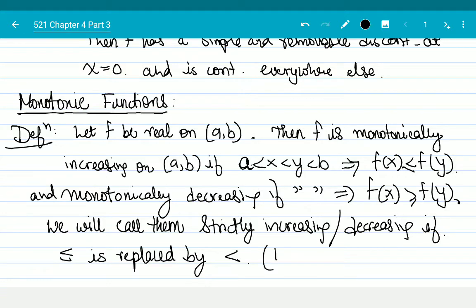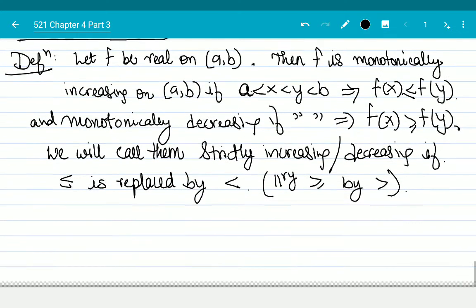Similarly, greater than or equal to by strictly greater than.